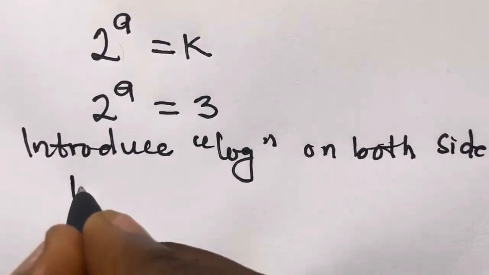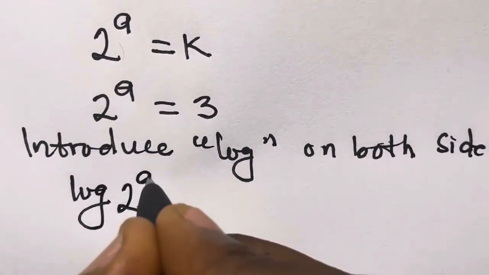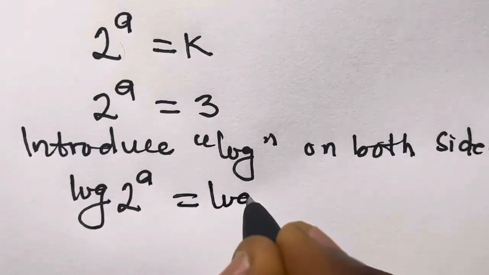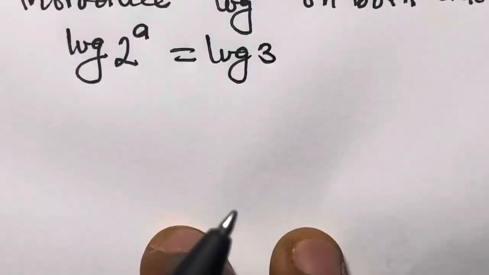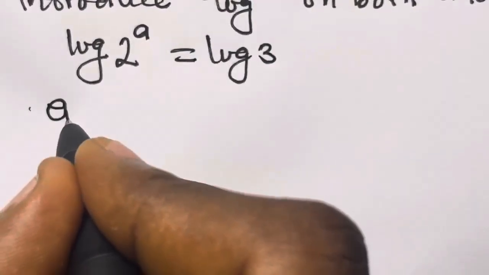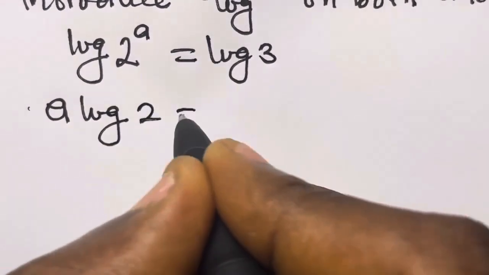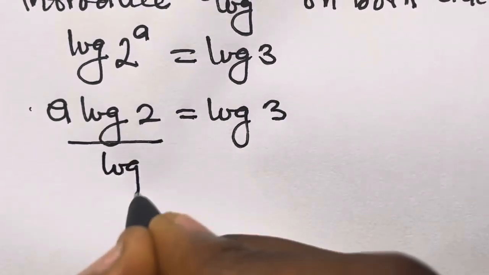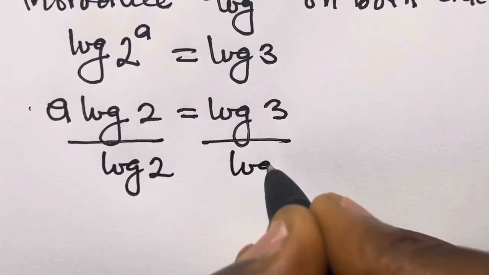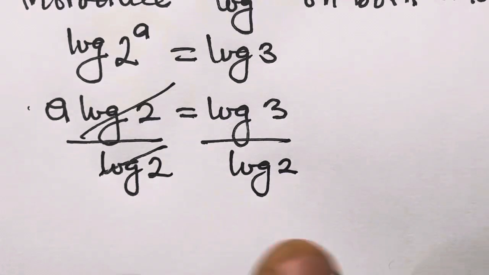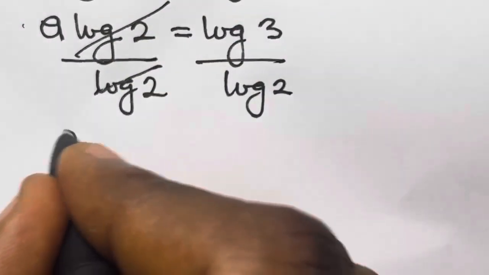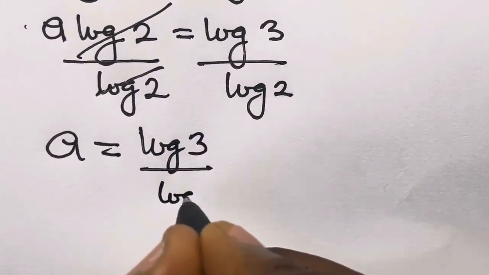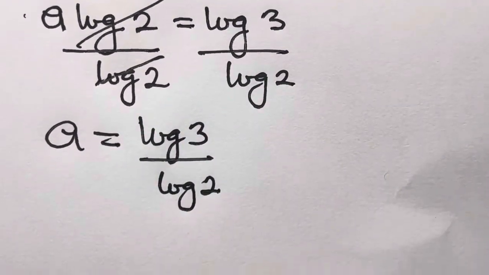So we have log of 2 raised to power a equals log 3. From the law of logarithm, this a will come forward. So we have a log 2 equals log 3. We can divide both sides by log 2, and this cancels this. So we have a equals log 3 divided by log 2.